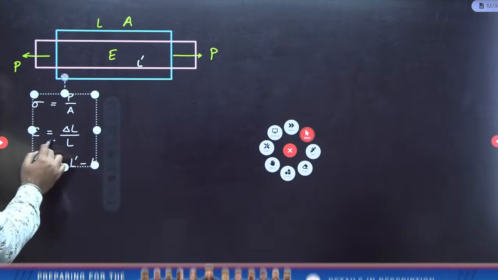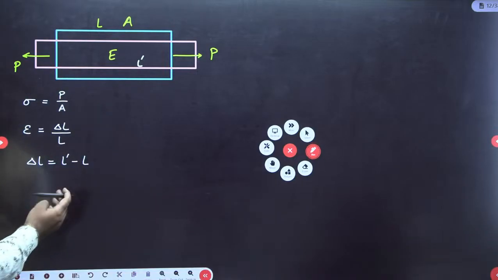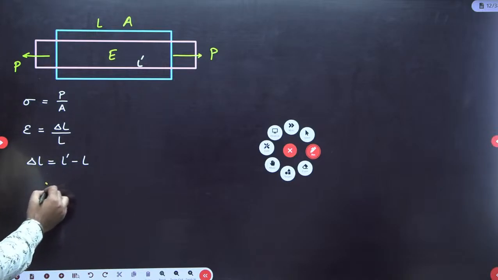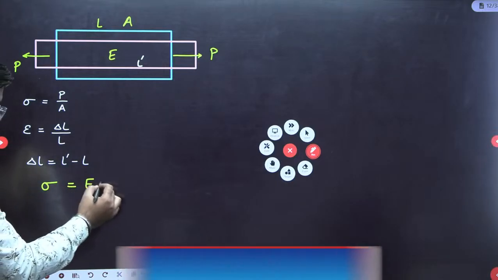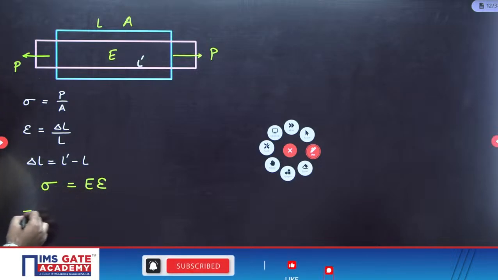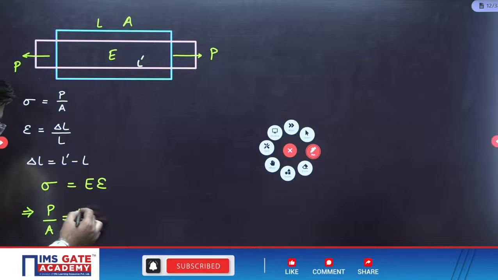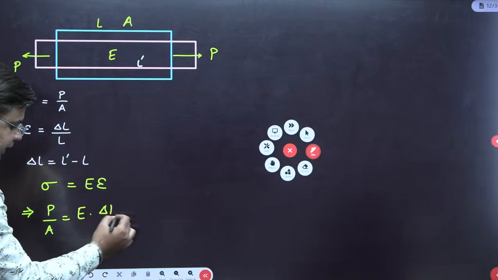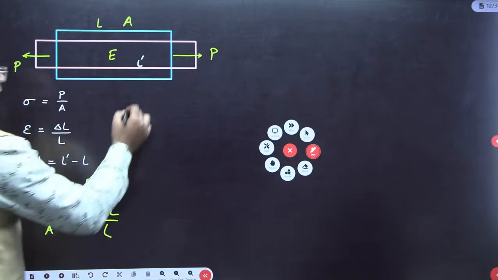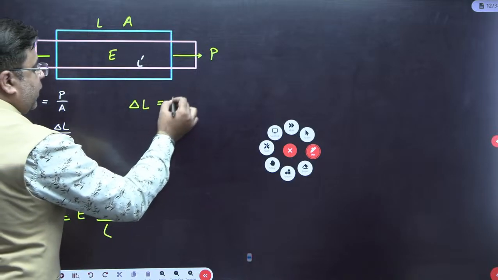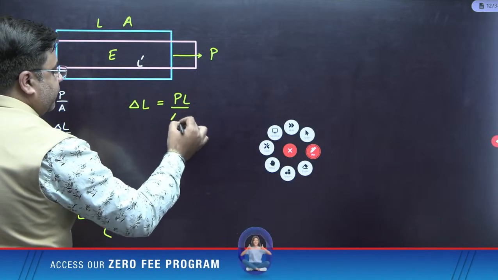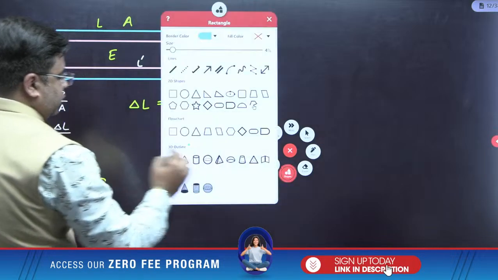By Hooke's law, stress is equal to E into strain. Stress is P upon A, which equals E into strain, and strain is delta L upon L. From here you can calculate delta L, which comes out as PL upon AE. So delta L is equal to PL upon AE.